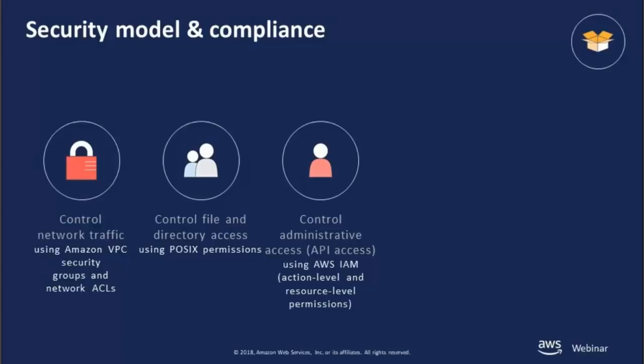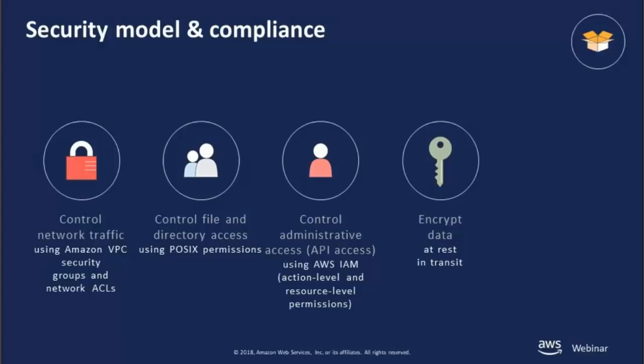So we have action level and resource level permissions to control and grant access to which AWS user is able to manage these file systems. That would be creating file systems, managing the security groups associated with file systems, tagging file systems, etc.